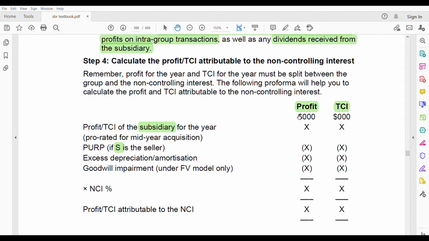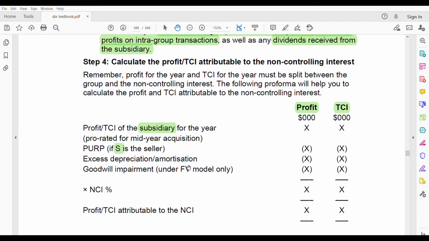You are deducting all these things from the profit now. Goodwill impairment also you have to deduct, but only under the fair value model. And finally, don't take everything into NCI percentage. Finally, the answer that you get, then only you multiply it by the NCI percentage, let's say 20%. So that will be the profit and the TCI which goes to NCI.